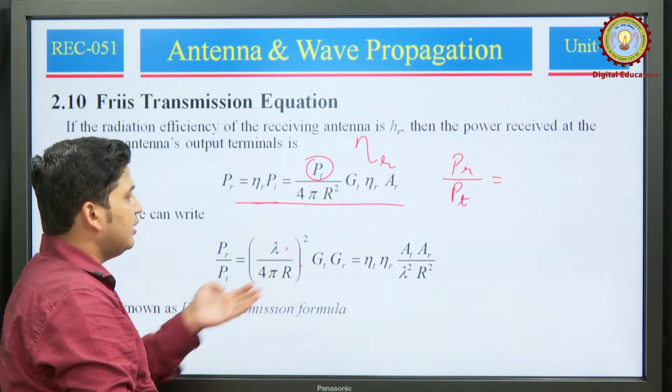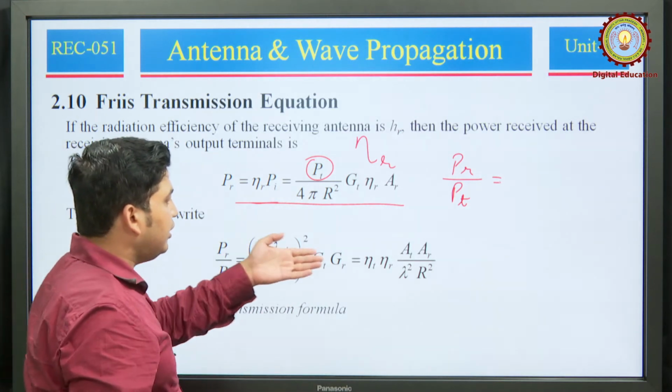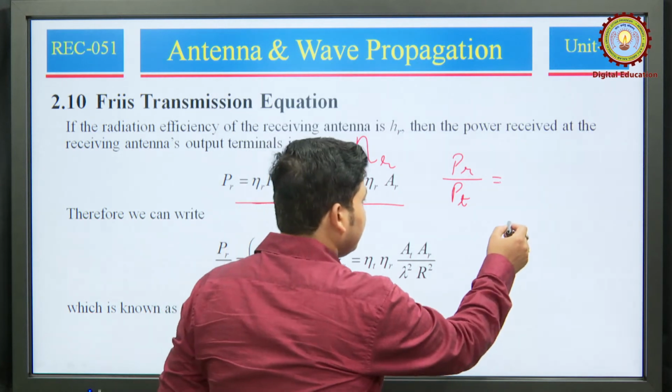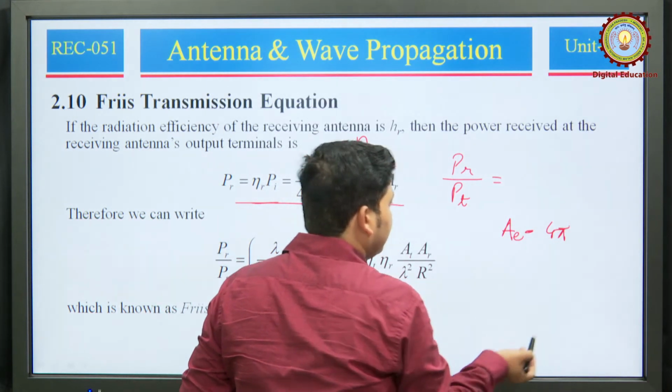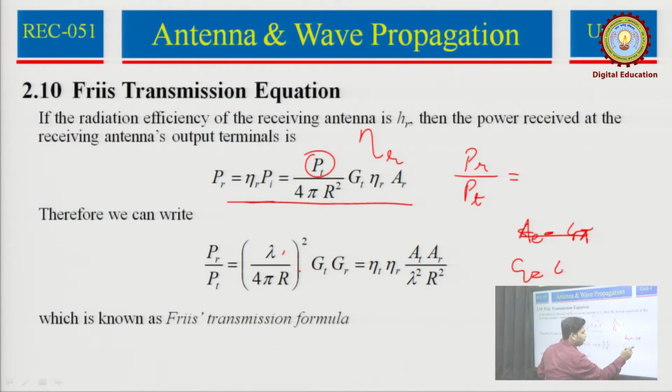Again, we simply use the concept that gain is equal to 4 pi AE upon lambda square. Remember this aperture relation: gain is equal to 4 pi AE upon lambda square.